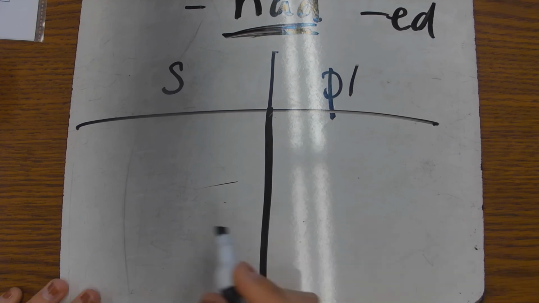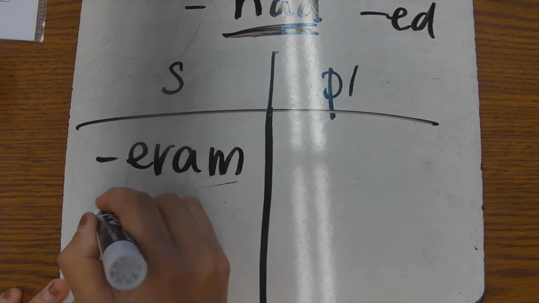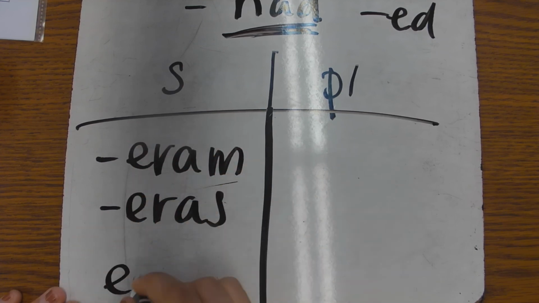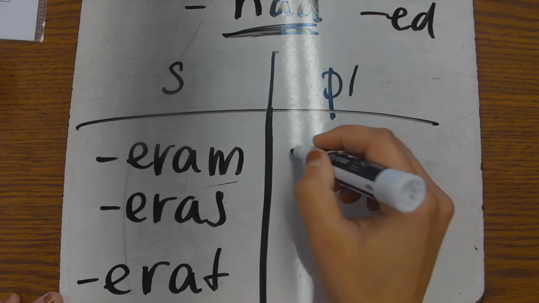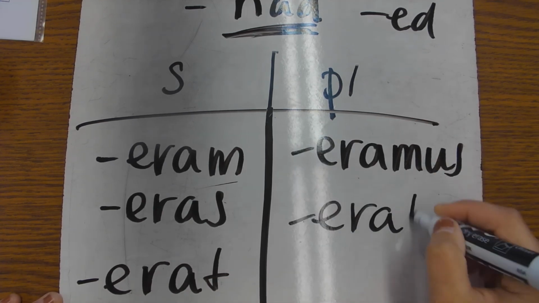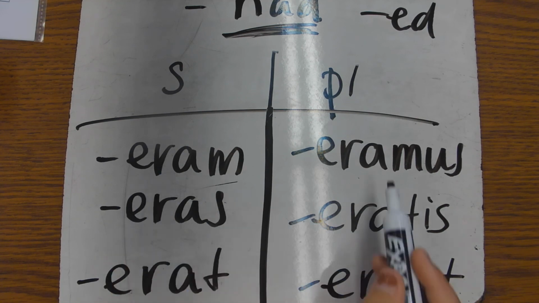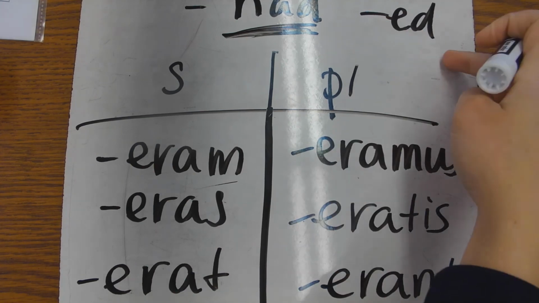All right, so the endings for this are eram, eras, erat, eramus, eratis, erant. So once again, you take off the I from the third principal part, and then you add these endings if you want it to say had blanked.